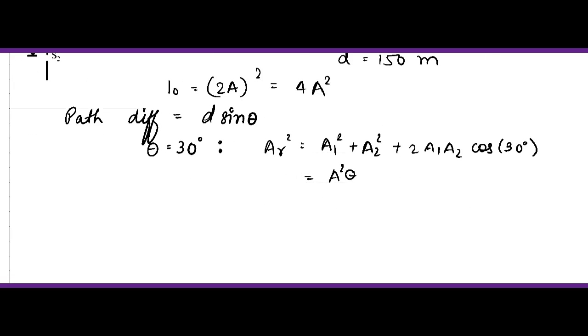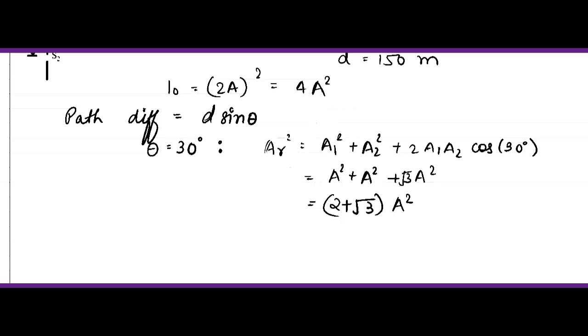Since all are the same, A1 equals A2, so that is A square, and cos 30 is root 3 by 2. So we get (2 plus root 3) A square. So this is the value of A_R square.